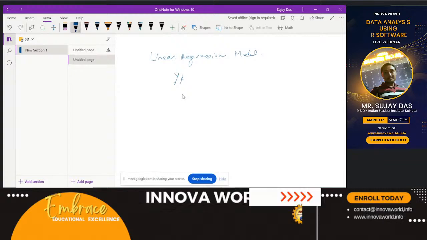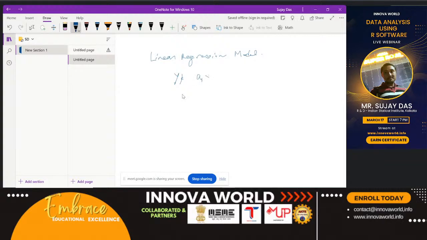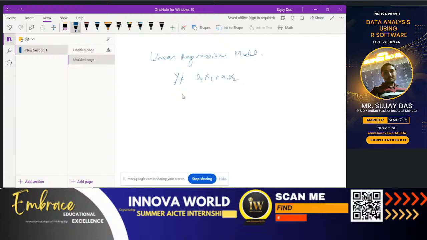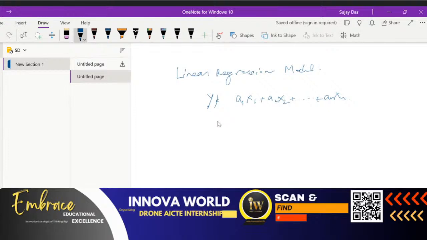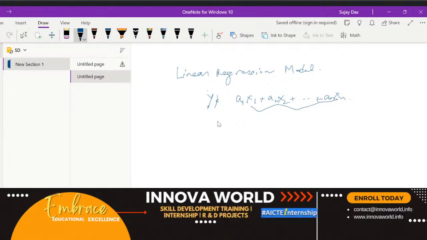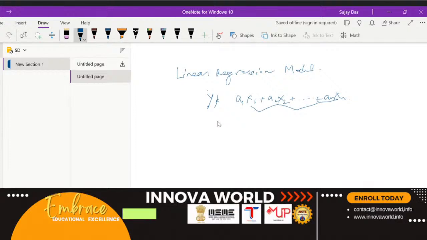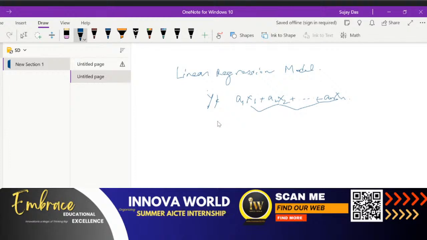Suppose there are n many predictor variables: a1 x1 plus a2 x2 up to an xn. We use these n variables x1, x2 up to xn to explain y. But as you can see, we are using a linear model, a model where there are no square terms or cubic terms or multiplication terms. We are only using linear terms. That is why this is called a linear regression model.